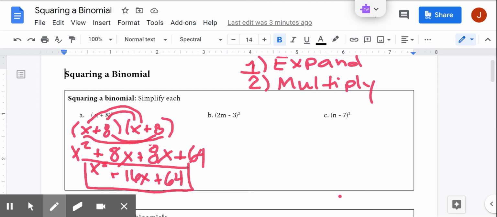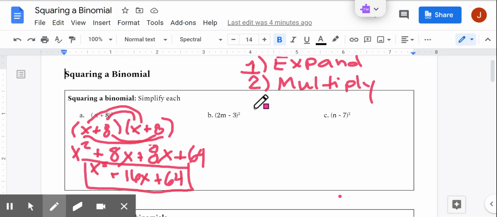Okay, so really the only thing new here is expanding these binomials to write it as a multiplication problem. The biggest mistake I see on these problems is students just trying to square everything inside. So just saying, well, 2m squared is 4m squared, and 3 squared is 9.